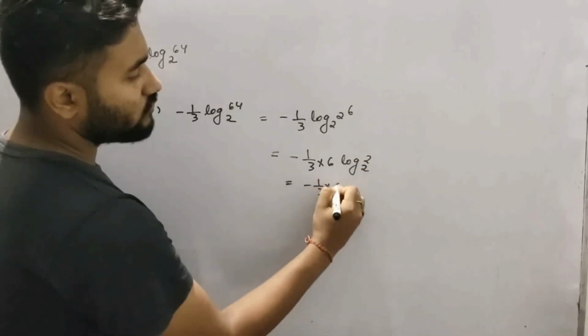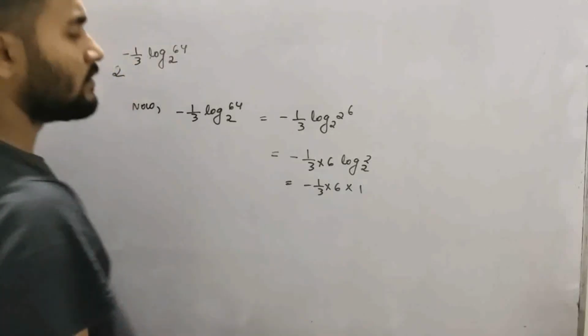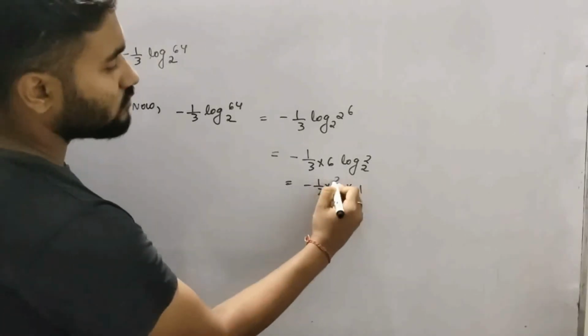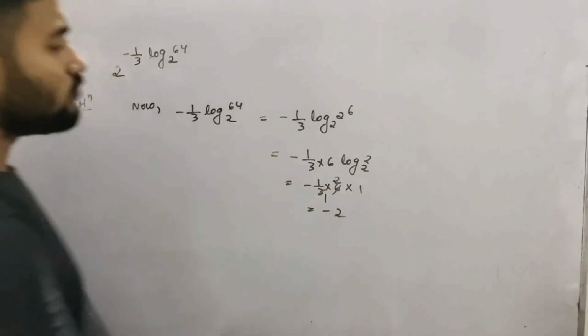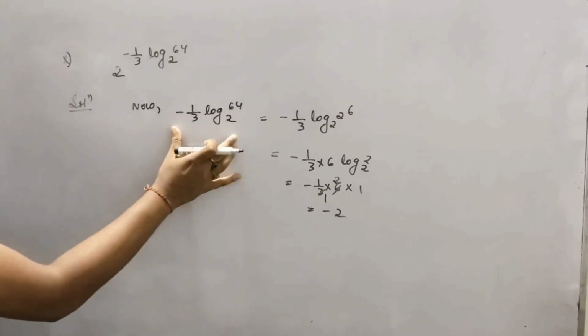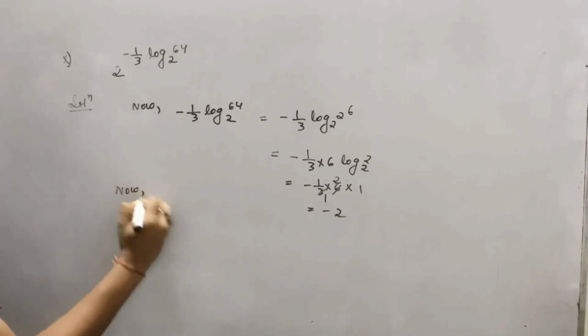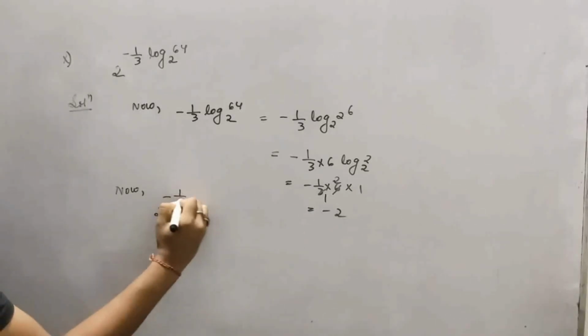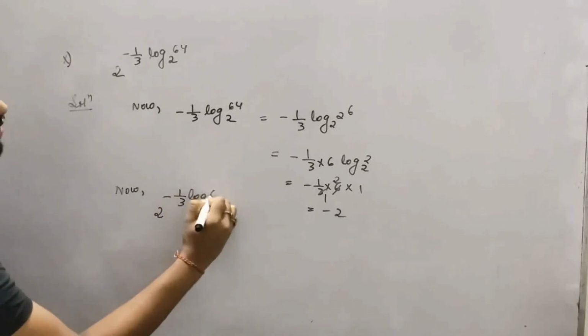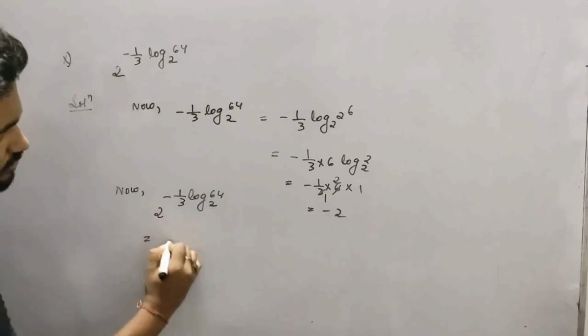Minus 1 by 3 into 6, this is what? 1. So 3 1s are 3, 3 2s are 6, that is minus 2. So the value of this is minus 2.